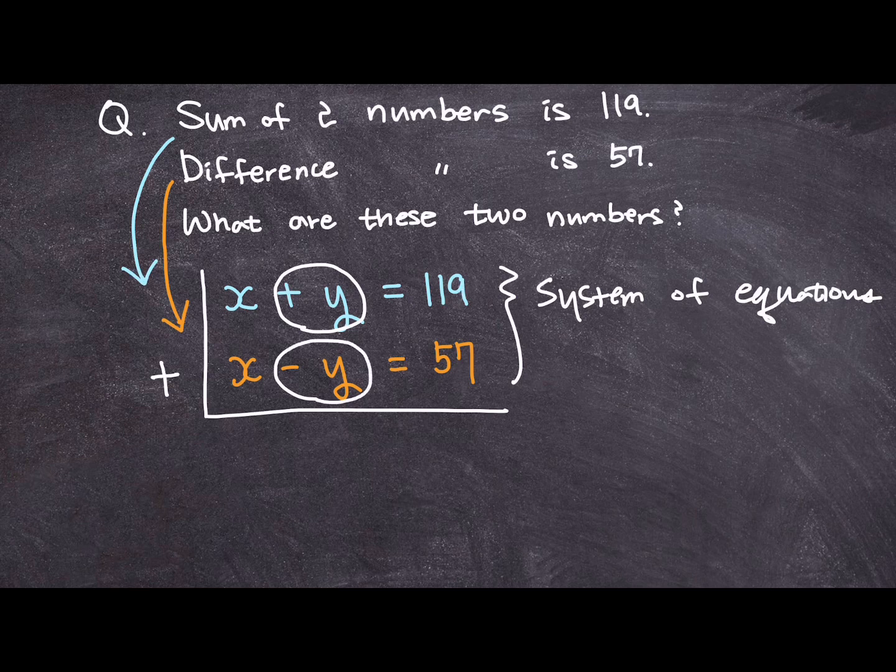If you add those two equations, you'll eliminate the variable y completely and end up with just the x variable. So you end up with x plus x, which is equal to 2x, equal to 119 plus 57, which is equal to what?